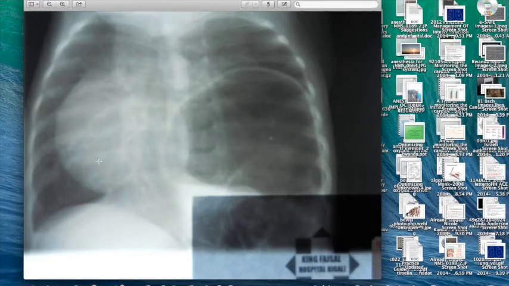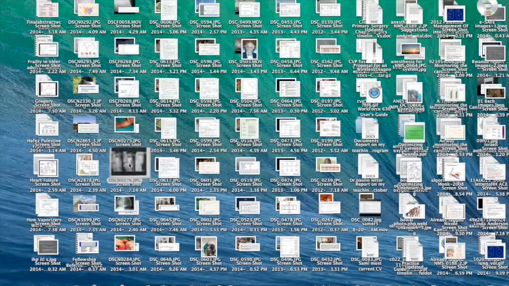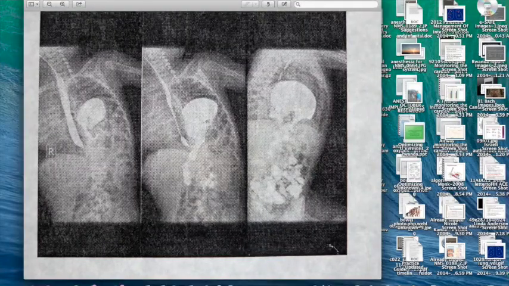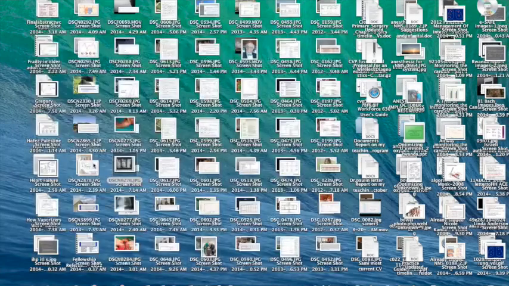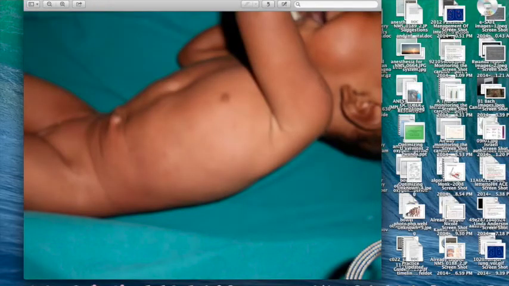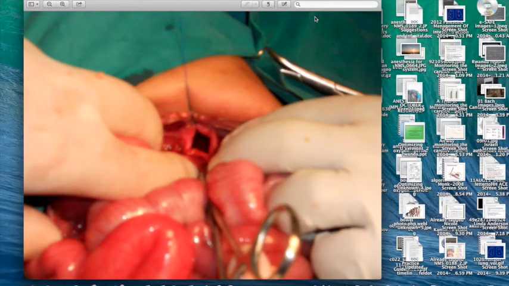And the heart, you can see, is displaced to the right, and there was hardly any lung here. And this is the defect.